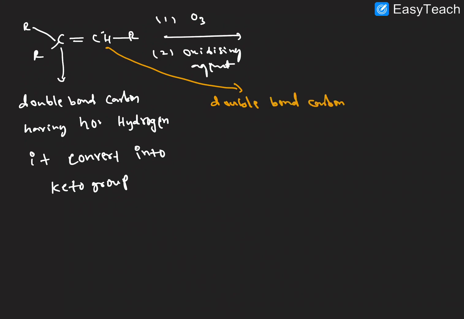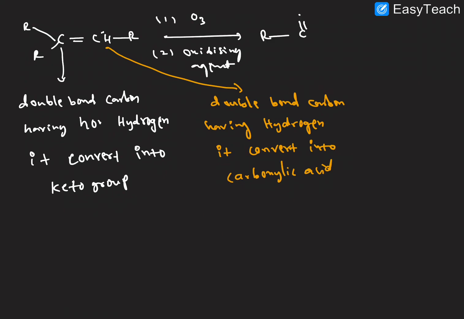The next one: a double bond carbon having hydrogen converts into carboxylic acid. I hope it is very clear. Let's write the product here.